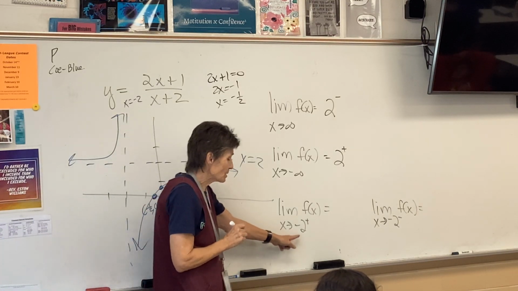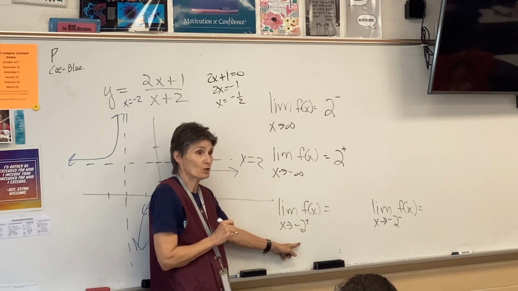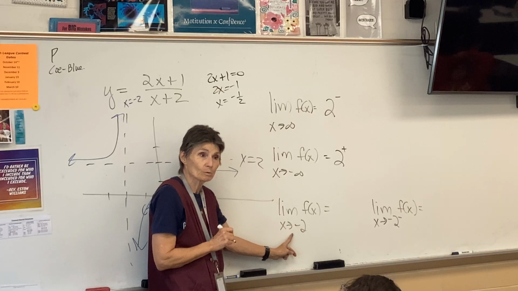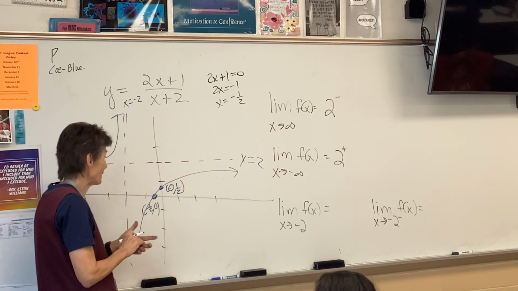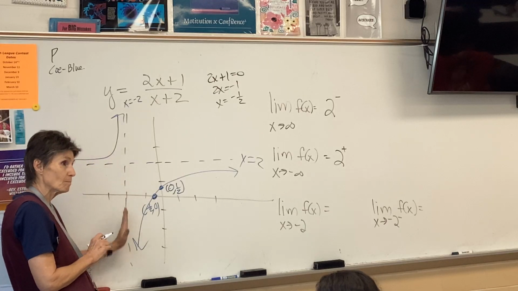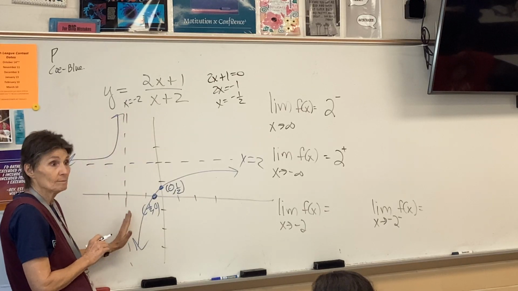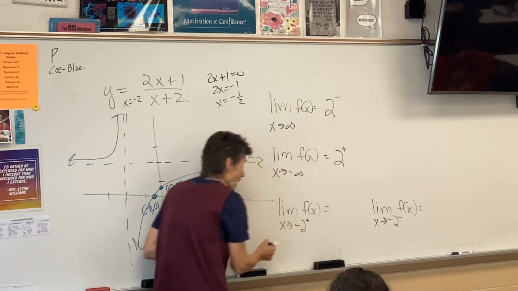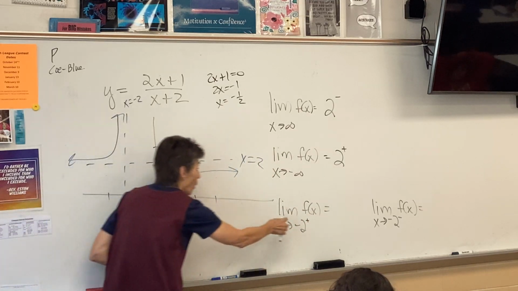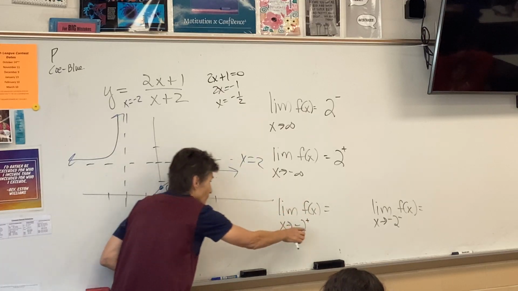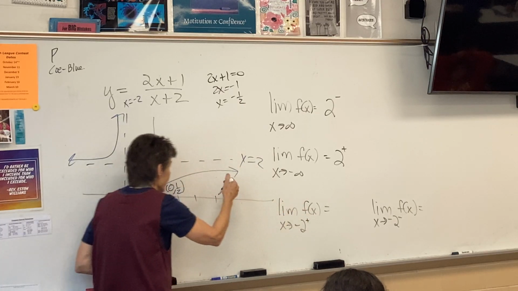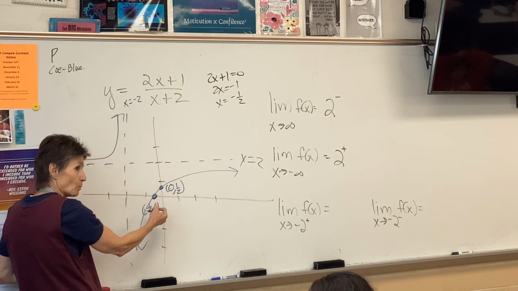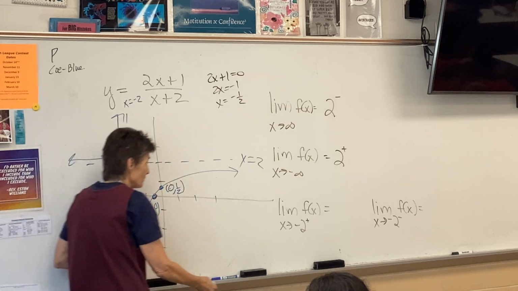Now this says we're approaching negative 2. Forget that for a second. We're approaching negative 2. What happens at negative 2? We have a wall. This says what happens as you approach the wall from the right side, the positive side. What is the curve doing as we approach the wall on the right side? Negative.